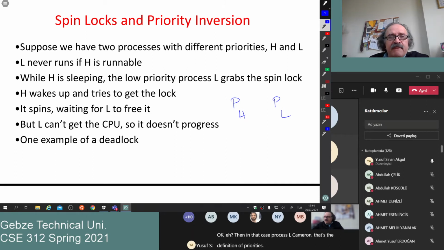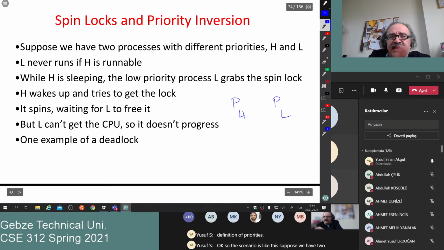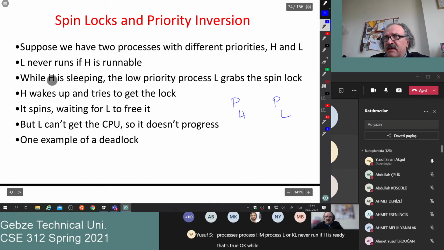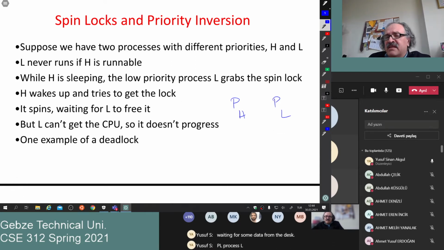Okay, so the scenario is like this. Suppose we have two processes, process H and process L. Okay, L never runs if H is ready. That's the rule. While H is sleeping, for example, H is waiting for some data from the disk, process L takes the CPU, and it starts running a spin lock.